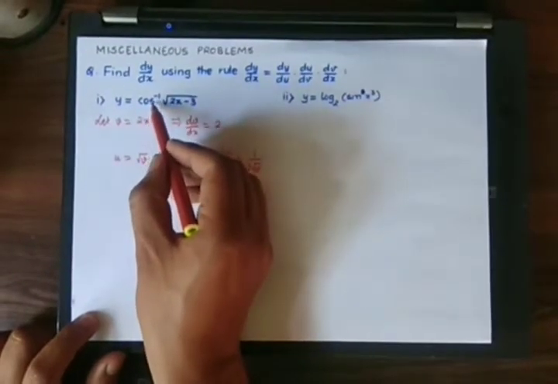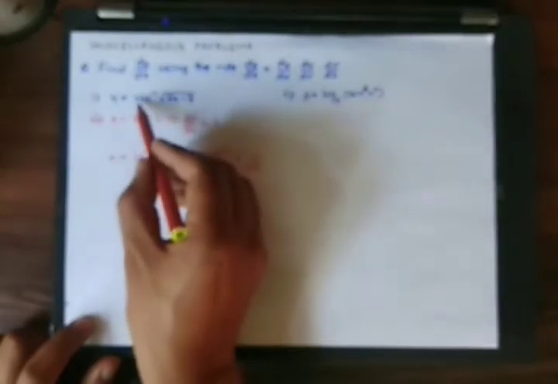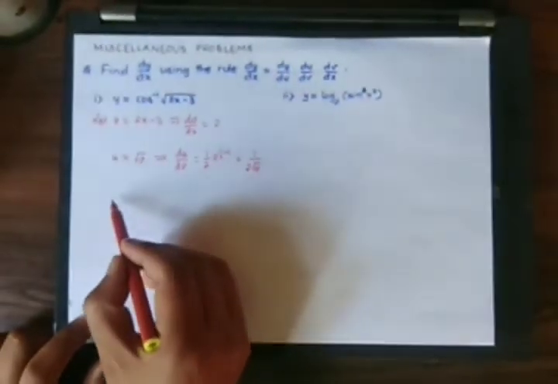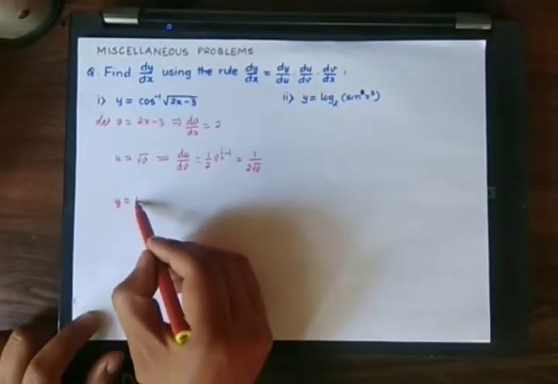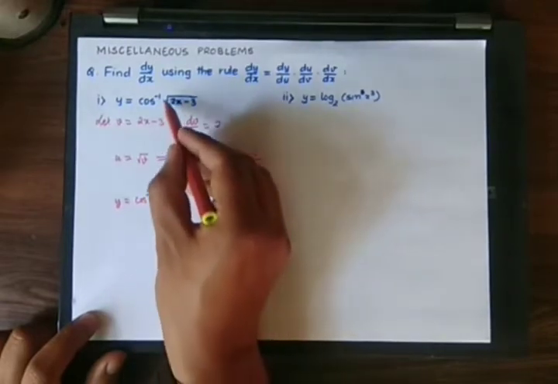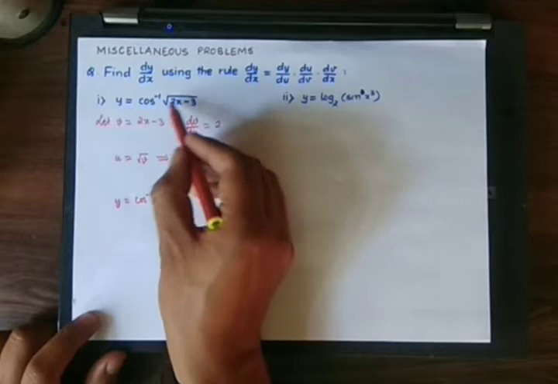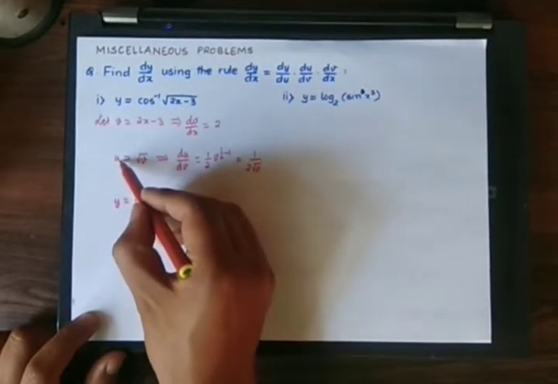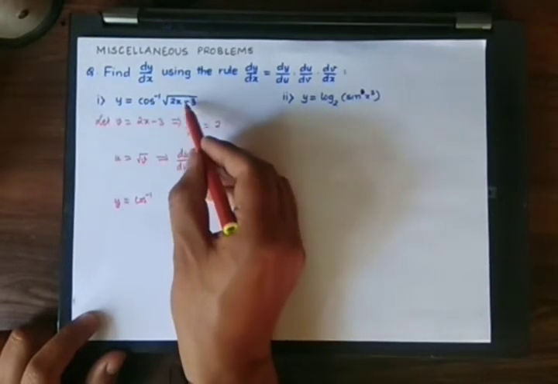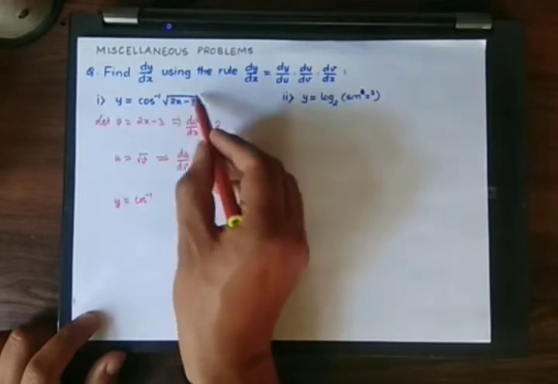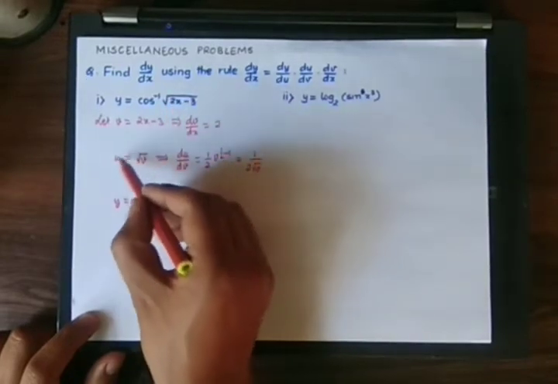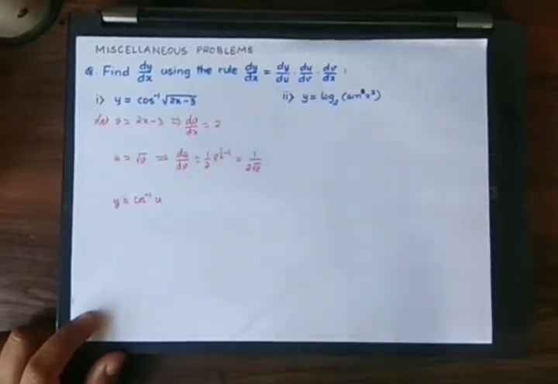Okay, now we have differentiated this. The last one is cos inverse, and that cos inverse is going to be my y. So y equals cos inverse of, now I won't write this full thing, and we know that this full thing, the square root function, is u, right? And 2x minus 3 is v, so basically this is root over v, and root over v can be written as u.